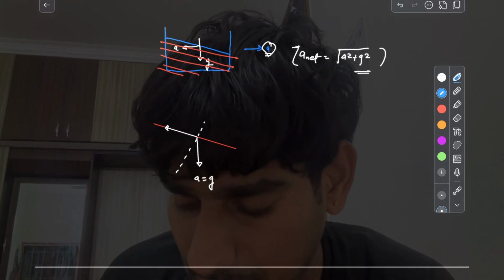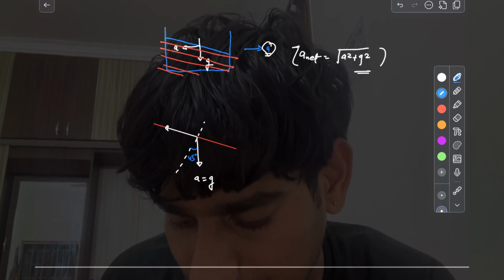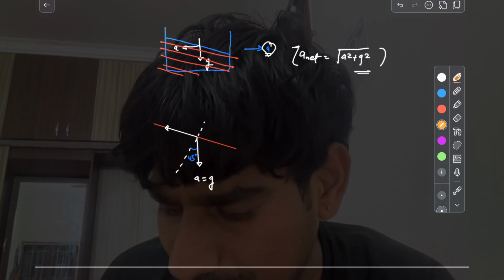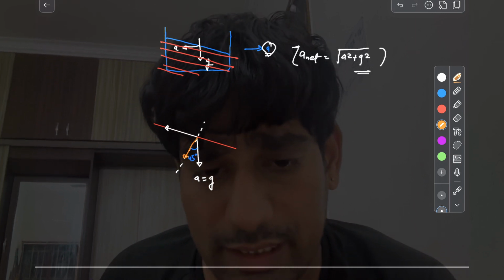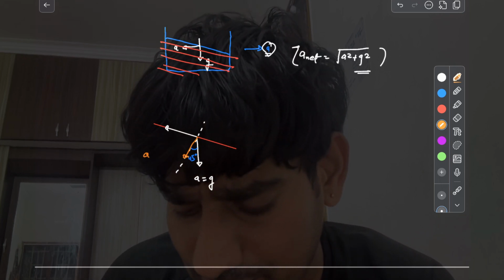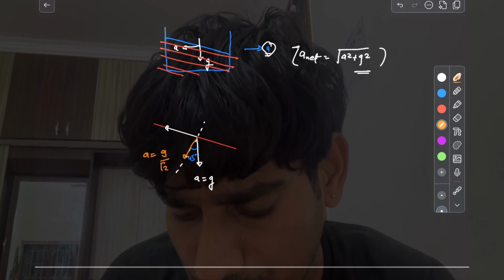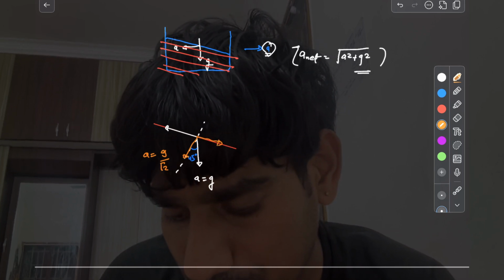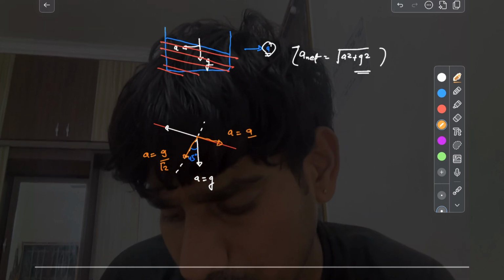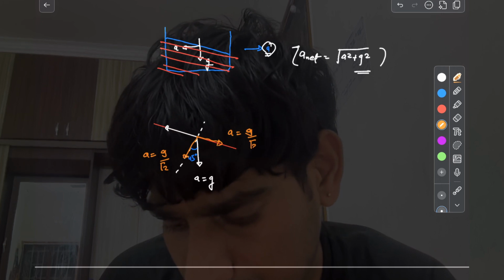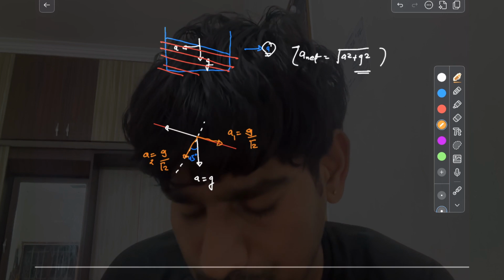We know that the perpendicular of the inclined plane and gravity will form the same angle of inclination, 45 degrees. So I can break the acceleration of gravity into two components. One component is perpendicular to the inclined surface, which is g cos 45, or g by root 2, and the other component is g sin 45, which is also g by root 2. Let me call them a1 and a2.